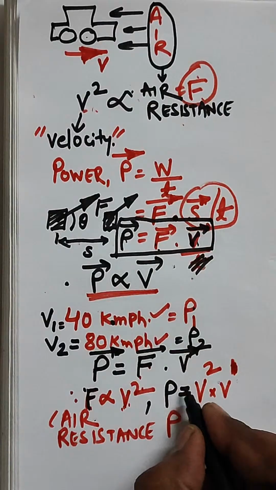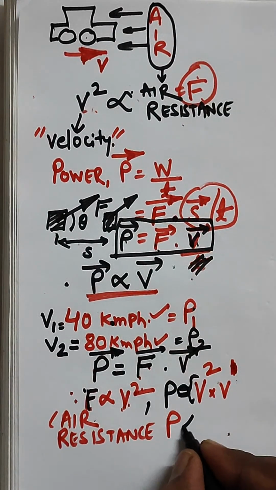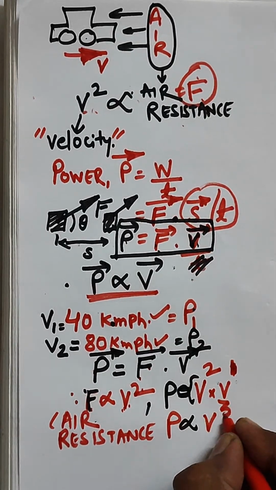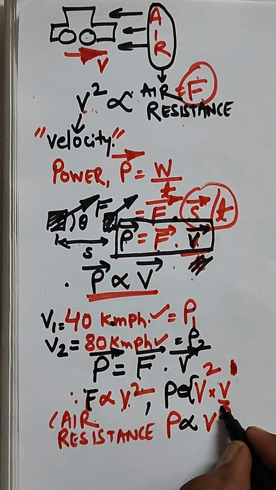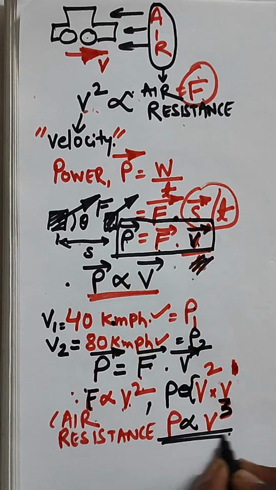We need to apply the proportionality sign. So power is proportional to V cube. This is the relation which we have.